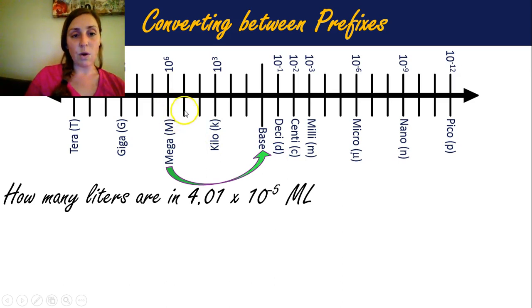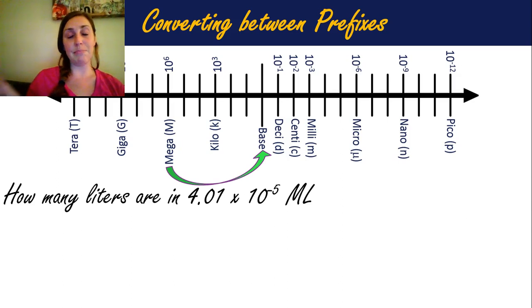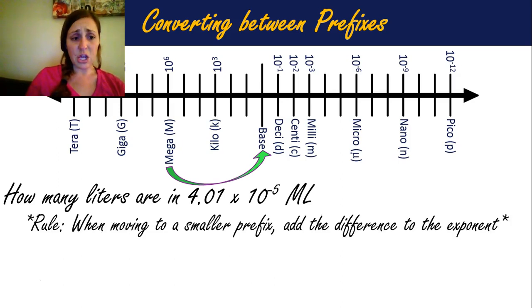So the difference is 1, 2, 3, 4, 5, 6. Now we are getting to be something smaller. So mega is 10 to the 6th. So that's 1 million. And you're getting to just 1. So this is smaller, so you need your number to be bigger, because a small unit gets a bigger number. So the rule is when moving to a smaller prefix, add the difference to the exponent.